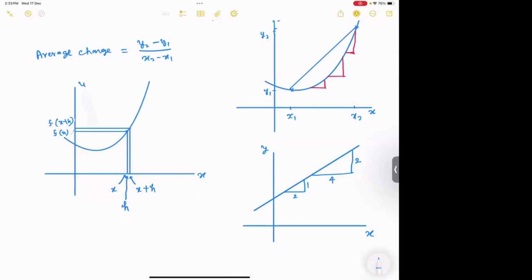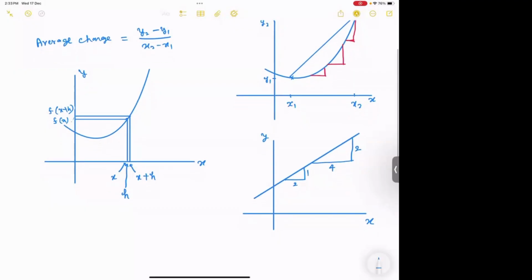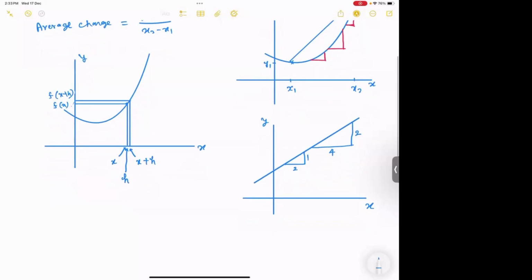Basically, x is independent variable and y is dependent variable. So value of x we can control, but we can't control the value of y because that depends on x. So difference we can create only in x. y difference will come automatically.